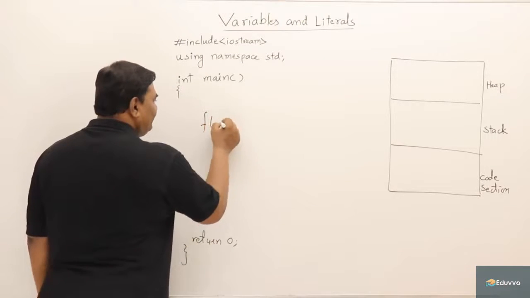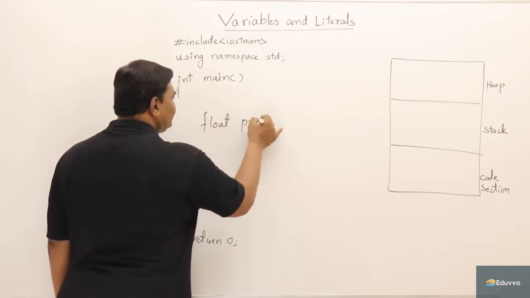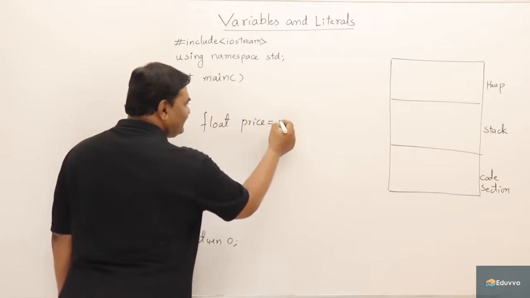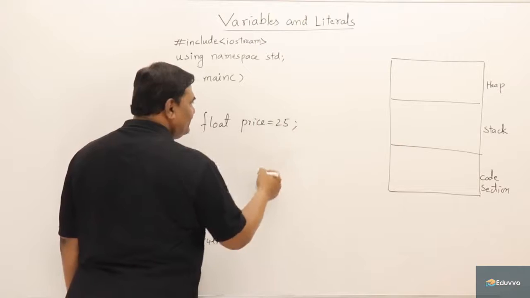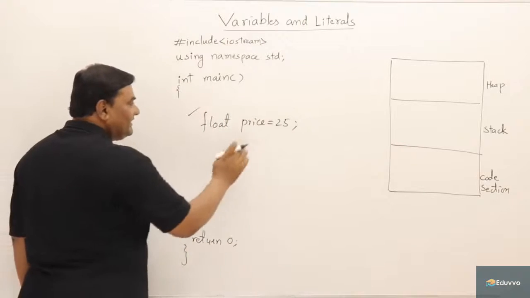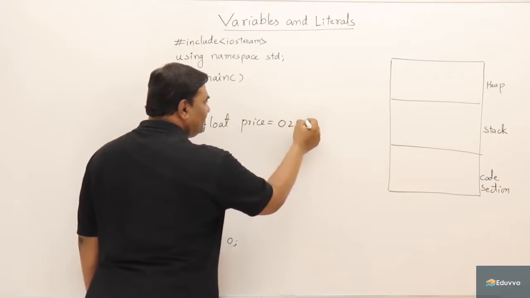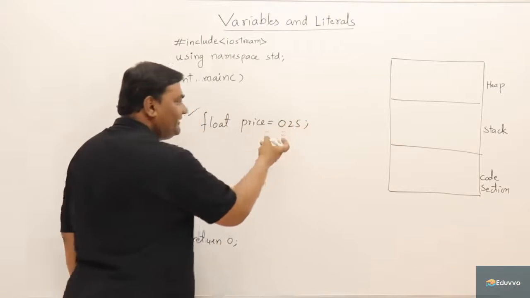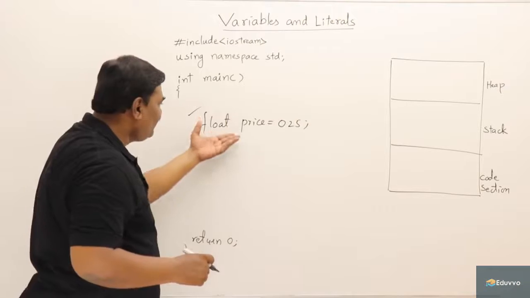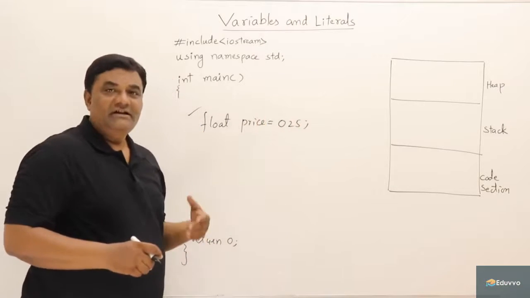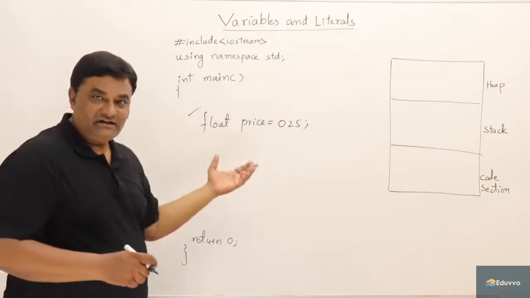If I am declaring a float variable price, then can I assign an integer value? Yes, allowed. Can I assign an octal number? Yes, this is also an integer literal. So to a float variable, I can assign an integer literal. Integer is smaller than float, so it is allowed.